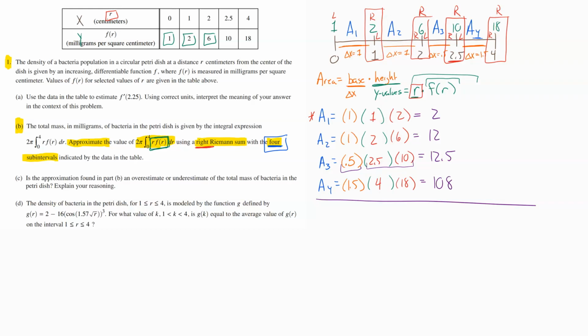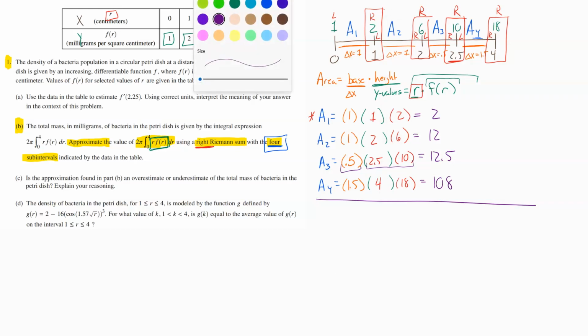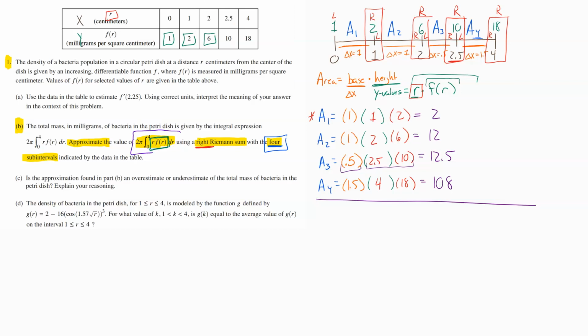Then to get our approximation, remember, this is what we're trying to approximate. We're going to approximate 2 pi times this integral from 0 to 4 of r f of r dr. Well, this piece here, that's your integral from 0 to 4 of r f of r dr portion.